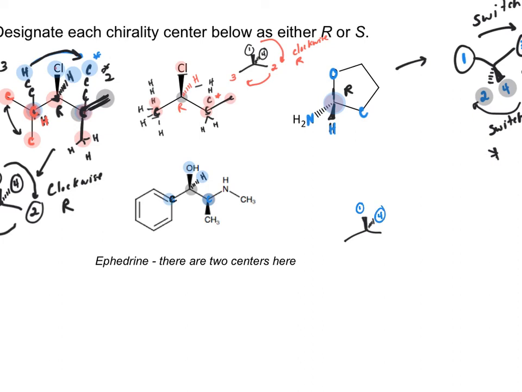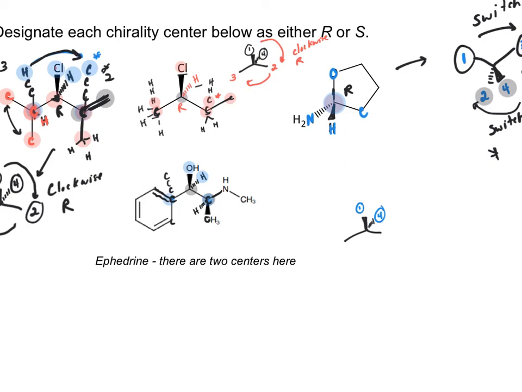So now, to break that tie, this carbon is attached to a carbon, another carbon, and another carbon. So this guy's carbon, carbon, carbon. Over here, though, this guy's attached to a carbon, and to a hydrogen that's going in, but it's also attached to a nitrogen. So here we're going to list them in order of atomic mass.